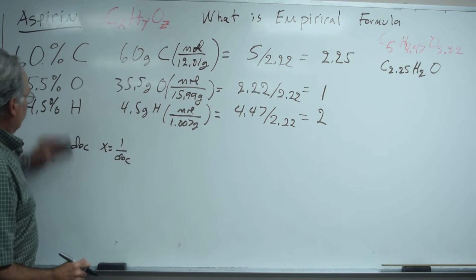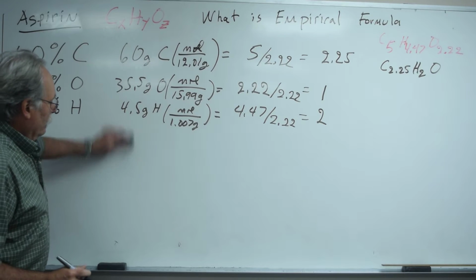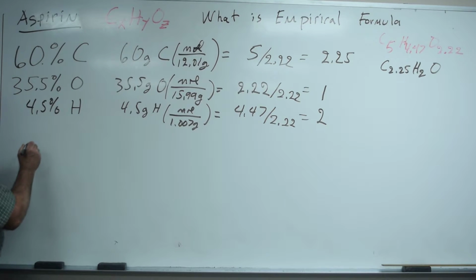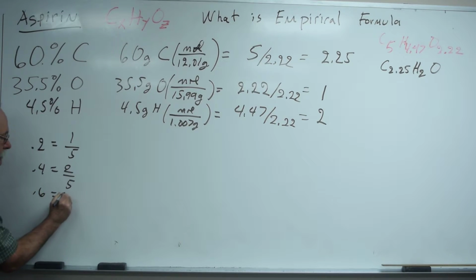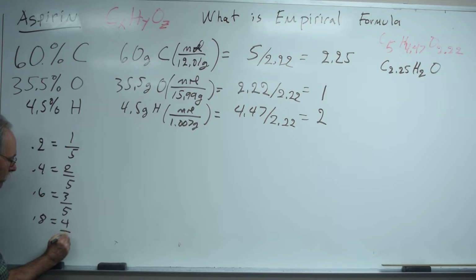Let's look at some of the common ones that we could have. 0.2 is 1/5. 0.4 is 2/5. 0.6 is 3/5. 0.8 is 4/5.